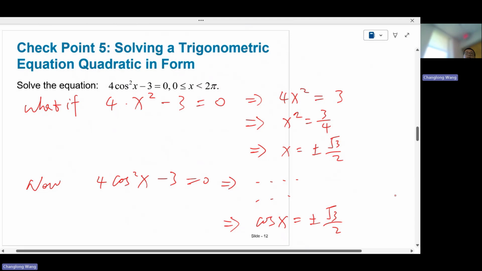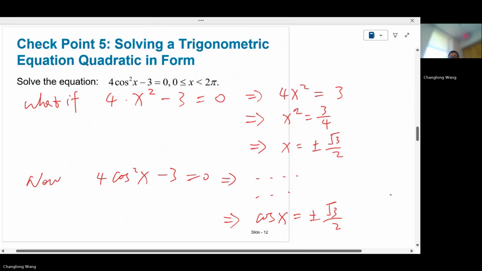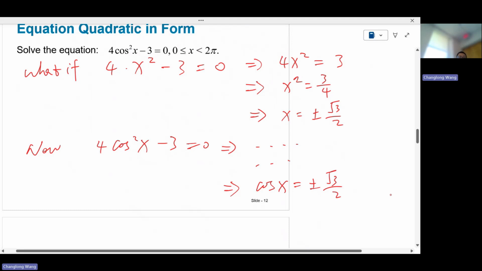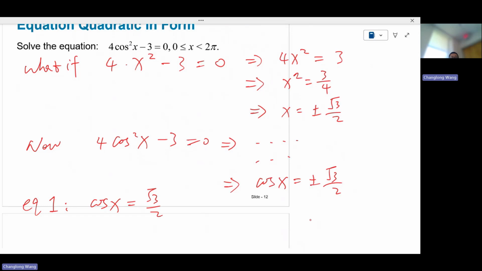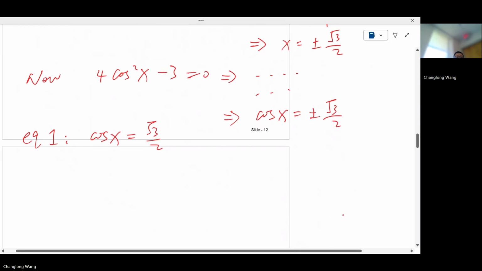You guys are okay with that? Just isolate the cosine x. And now we are actually getting 2 fundamental equations, right? So equation number 1, we have to solve cosine x equals radical 3 over 2, and another one is going to be negative. But pretty much if you see how to solve the first one, the second one will be a lot easier.